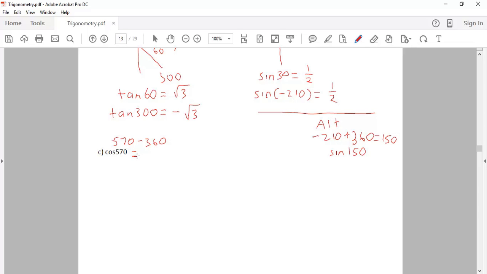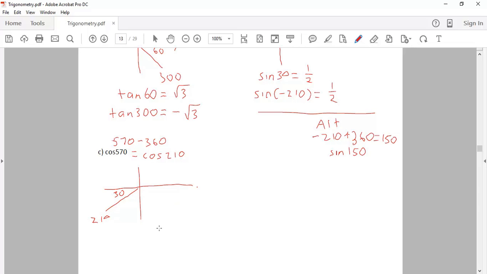So finding cos 570 is the same as finding cos 210. Remember it'll be 0, 90, 180, and there'll be 270 there, so it'll be there, so it'll be 210. And then 210 minus 180 gives us that 30 degrees in between there.